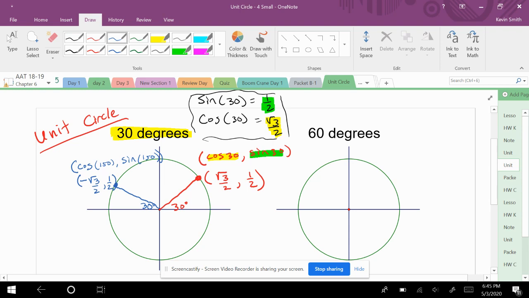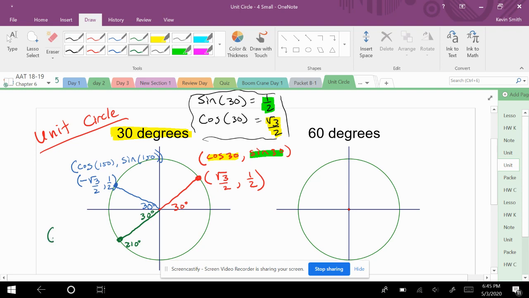So we're just going around and finding all of the coordinates that have a reference angle of 30 degrees. You're probably seeing a pattern. So again, reference angle of 30, and this would be a rotation angle of 210 degrees. I'll write that off to the side here.